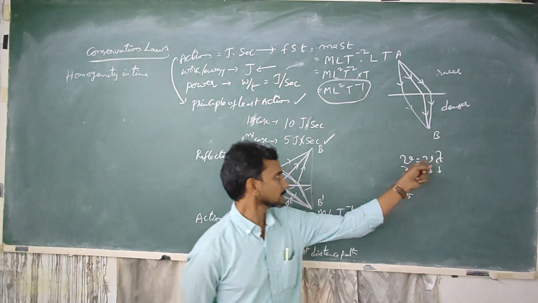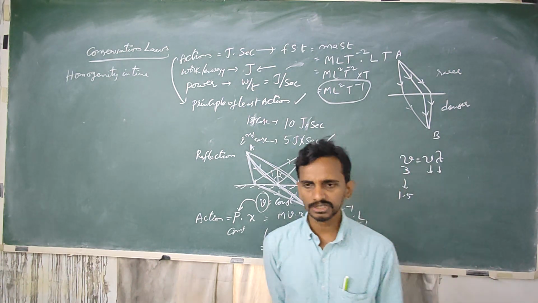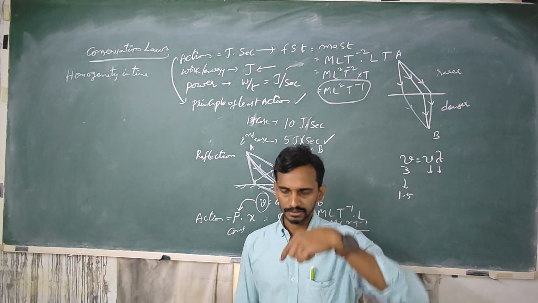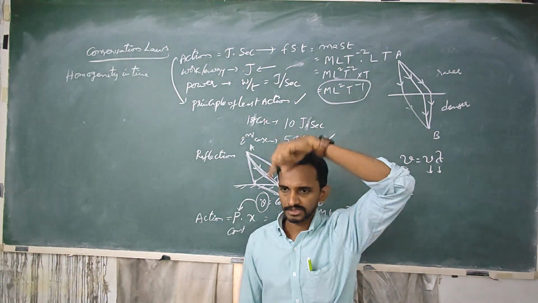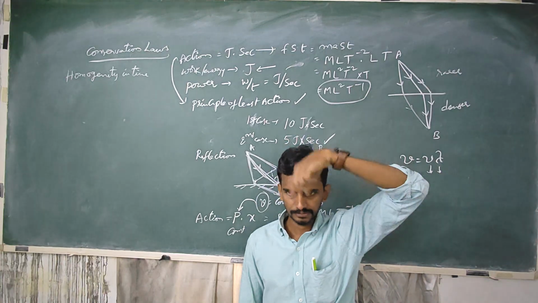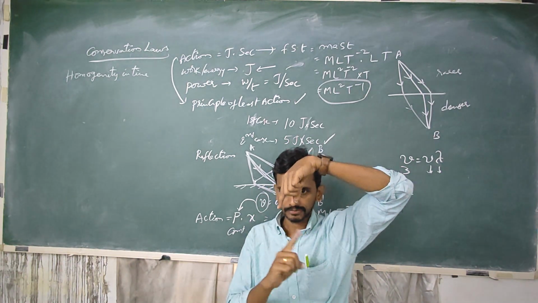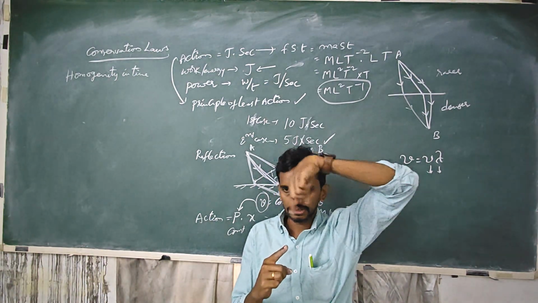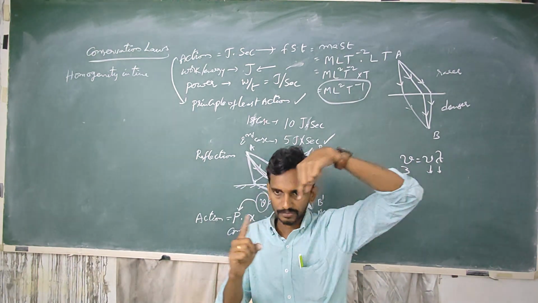Okay, so we have to see what happens if I change frequency. So what is frequency? Number of oscillations per second. Let's say on the top side, the wave is making 10 oscillations per second, and the bottom side now becomes 5 oscillations per second. Right? So on the top side, the wave is making 10 oscillations per second. Here it is only 5.